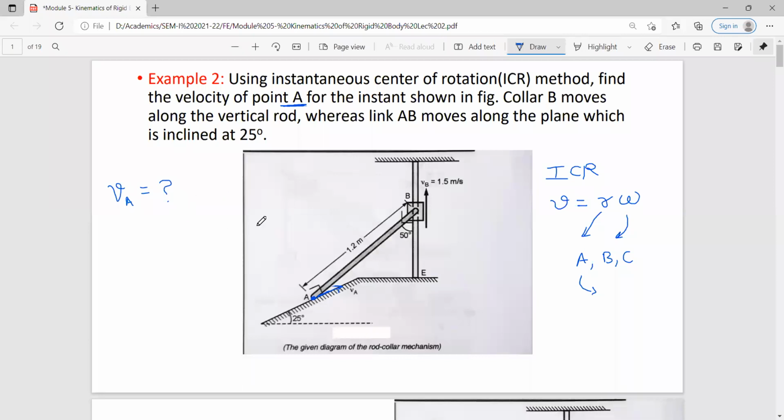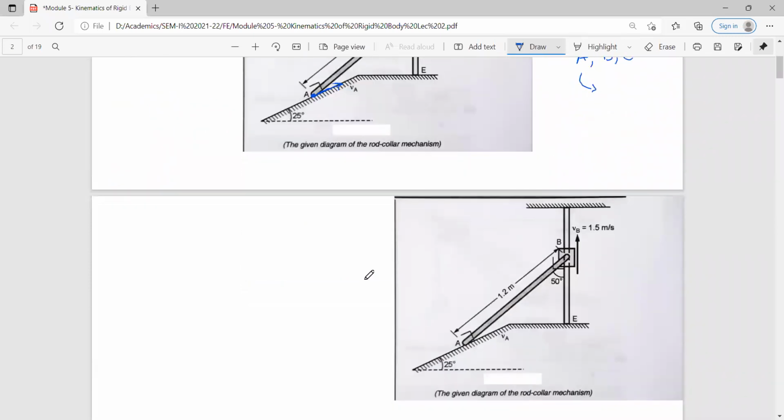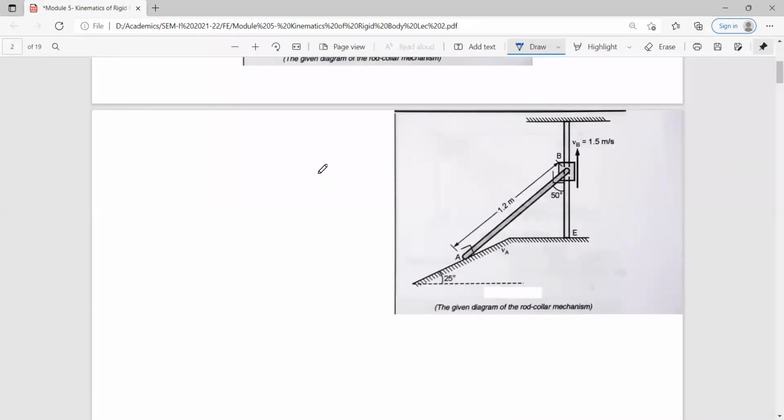So how to proceed further? Let us see. First of all, you locate the ICR, so say it is to find the velocity of point A. Now here in this diagram, or I will show you the next, I think.